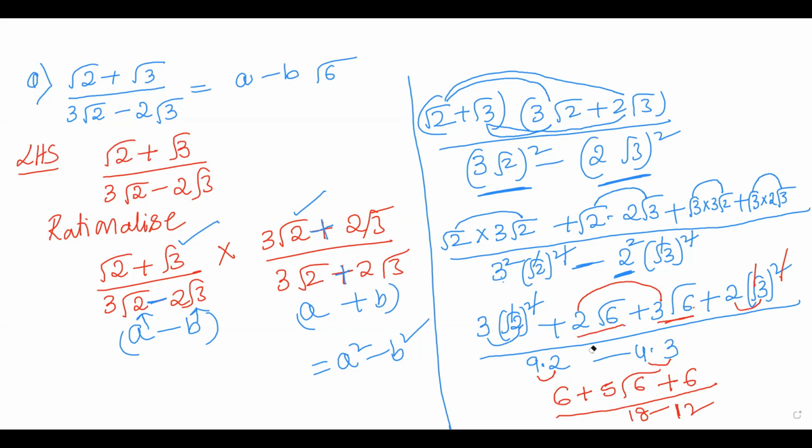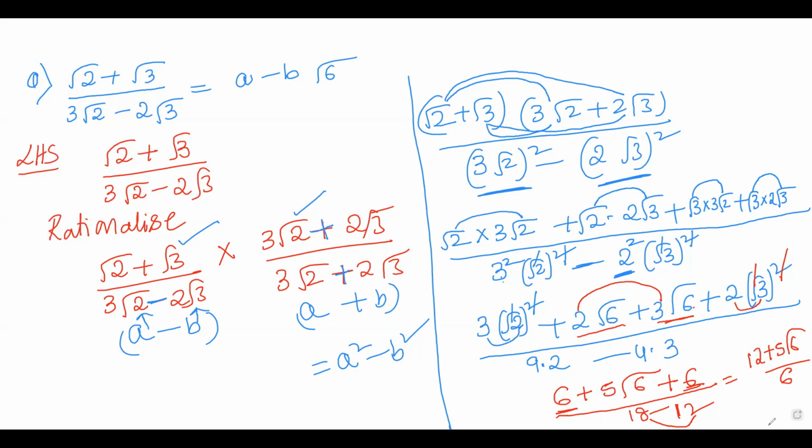Now you can finally add this 6 and 6. 6 plus 6 is 12, plus 5 root 6 as it is. 18 minus 12 is 6.